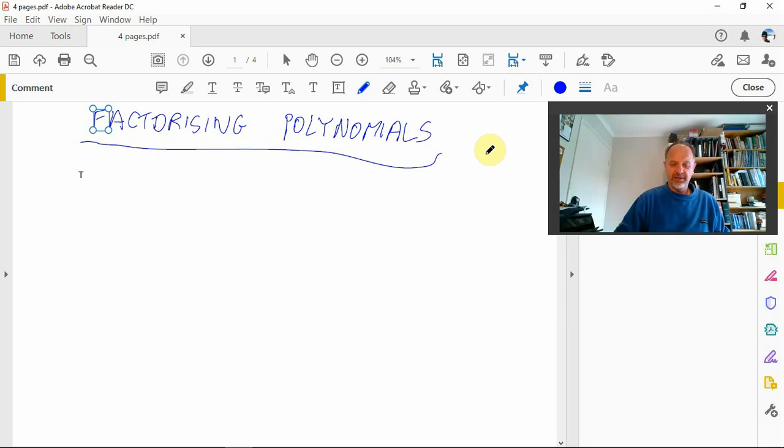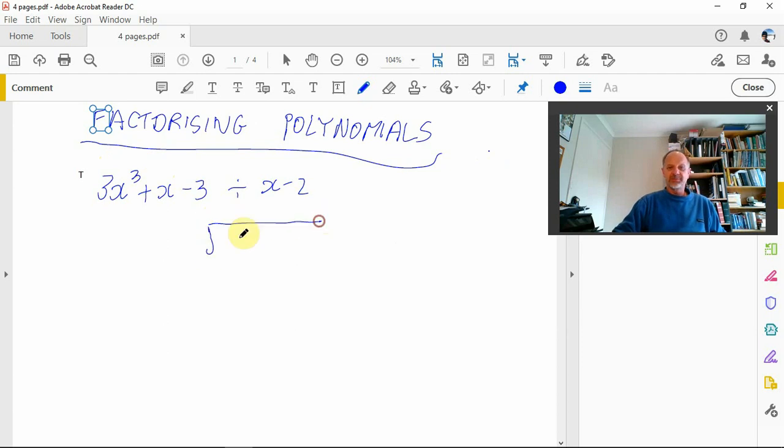And so in the last video, one of the examples was this: 3x cubed plus x take 3, and we wanted to divide that by x take 2. So what we did is we set it up, and we said, all right, we're dividing by x plus 2.